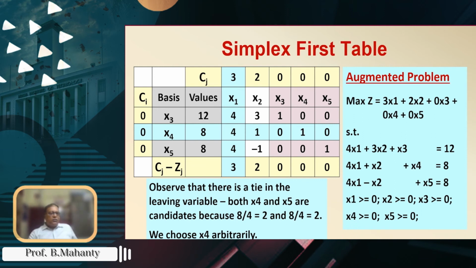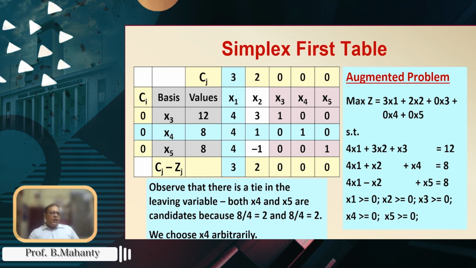All right. So here for x3, 12 by 4 is 3, 8 by 4 is 2, and 8 by 4 is 2. So which one should be chosen? By Bland's rule we should choose x4. Is it all right? Then you see that since both the resources are simultaneously exhausted, what is going to happen?